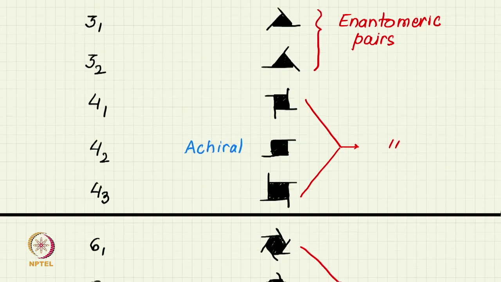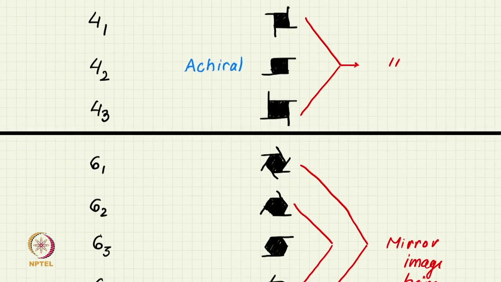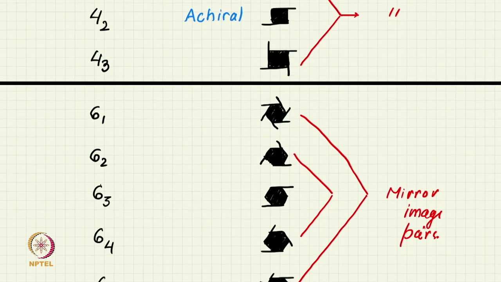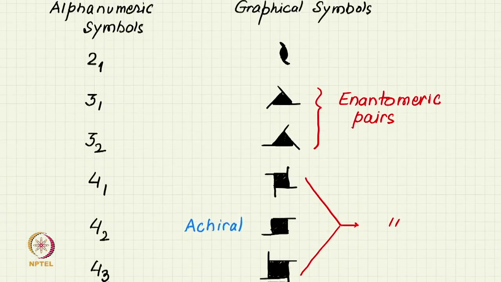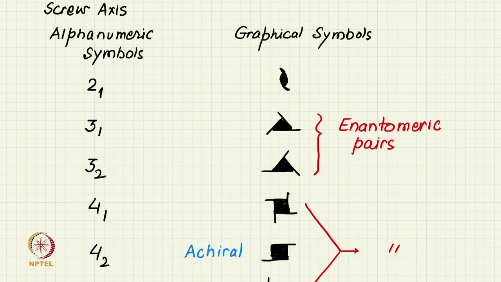So if you reflect 4 2 in a mirror, you will get the same 4 2, and this happens here in 6 3. Achiral, and 2 1 is also achiral, does not have handedness.